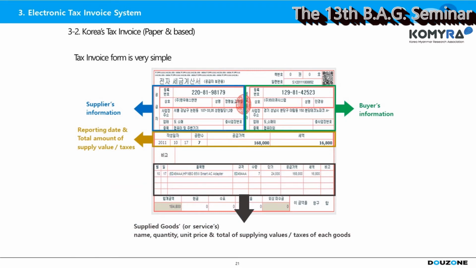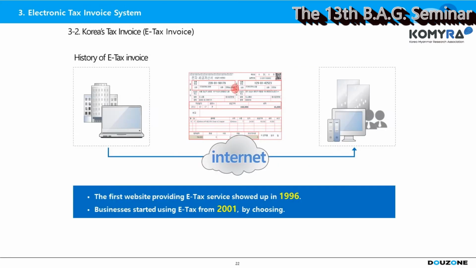The format of the electronic tax invoice varies in each country. Please refer to the Korean tax invoice form. Korean tax invoice information consists of the supplier information and report day, total amount of supply value and tax, buyer's information, supplied goods, name, currency, unit price, total supply value, and tax of each good.